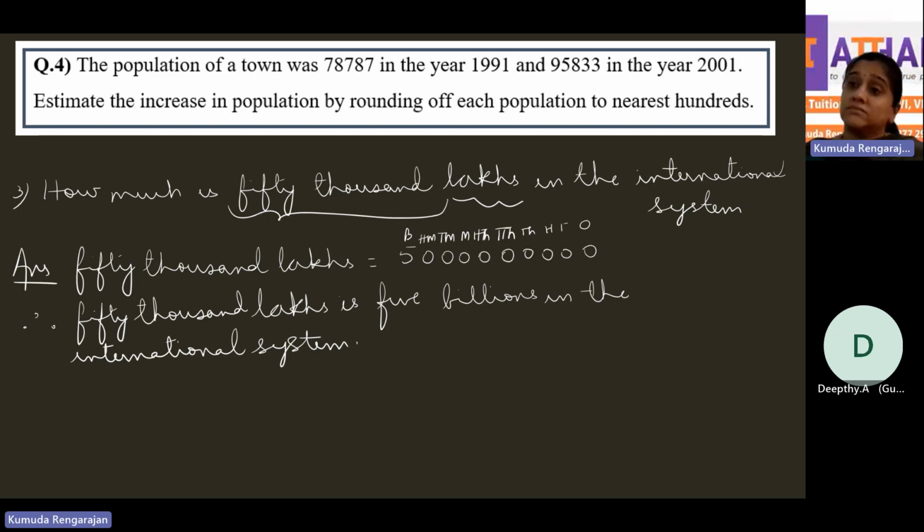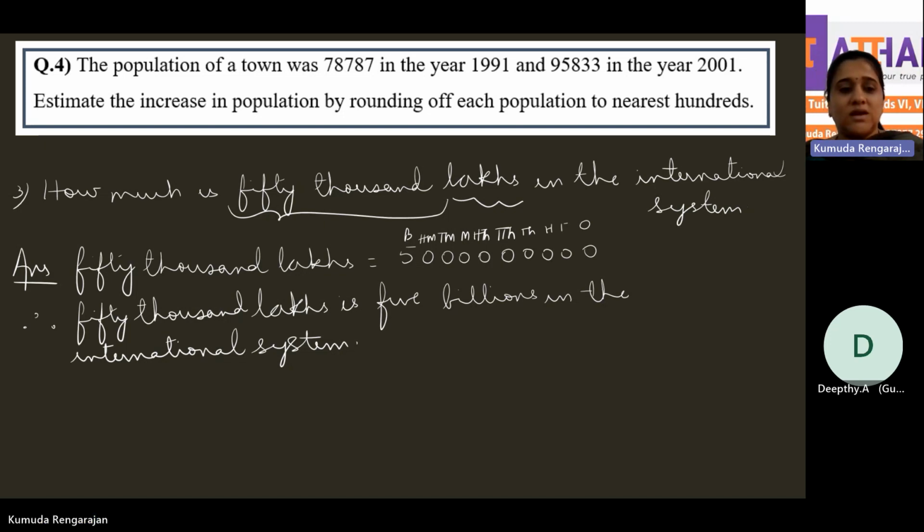You should not write 50,000, because that's not the way we name in the Indian system at all. This was your question.